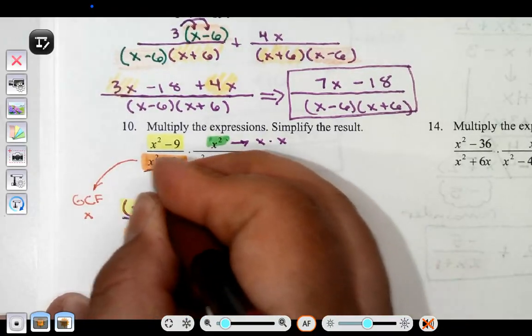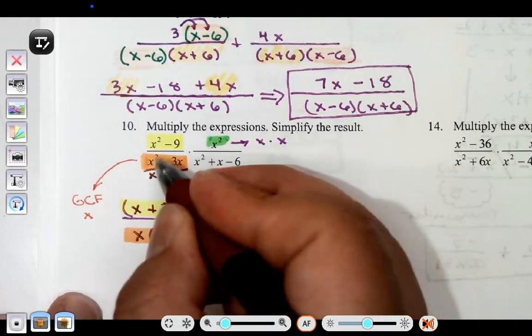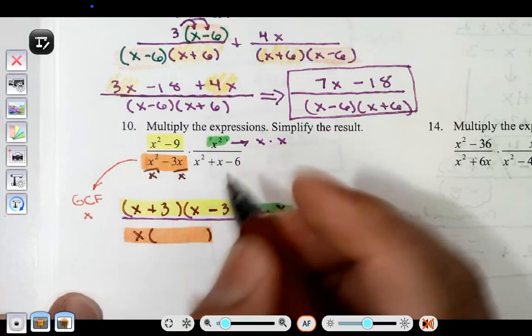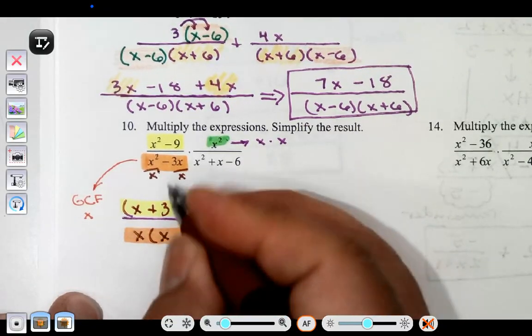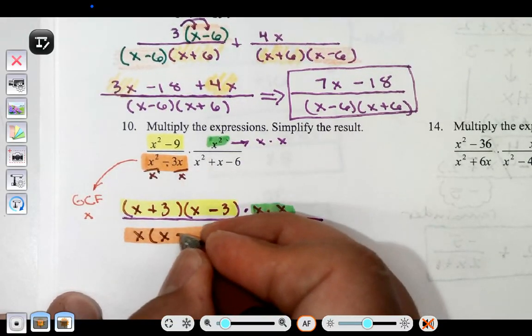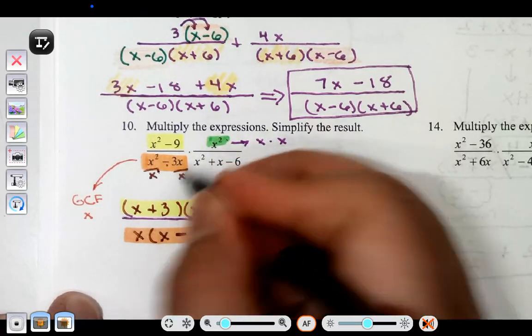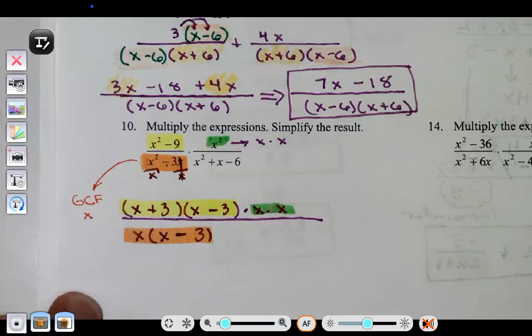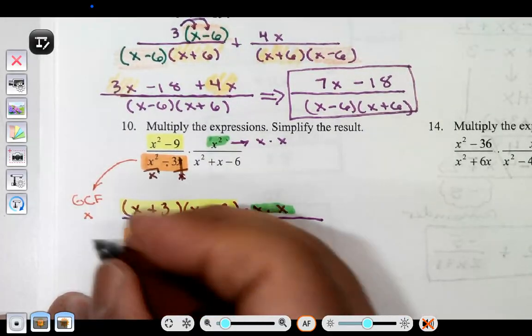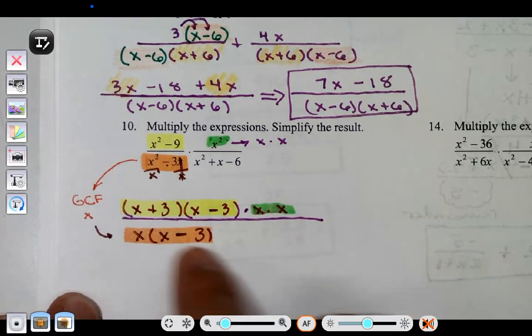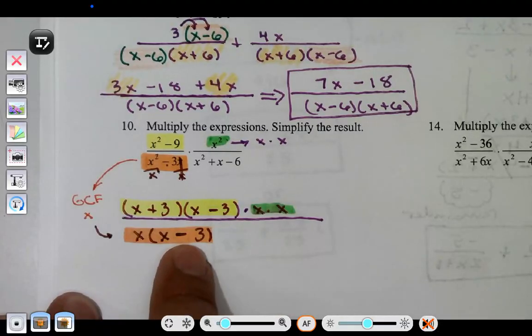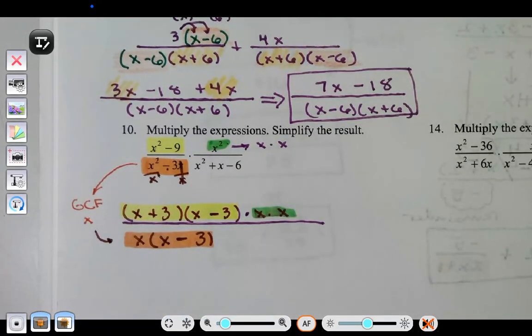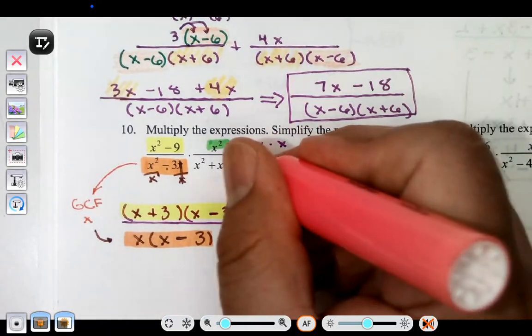But now I'm going to divide everybody by x, meaning x squared divided by x is still an x. There's a minus sign. The 3 is there. I'm not messing with the number, but the x's would disappear for that one. That's what GCF is, where we take out whatever they have in common. And if you look at it, we can't do anything else.